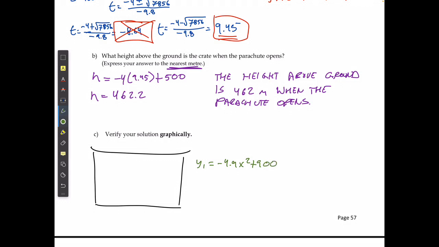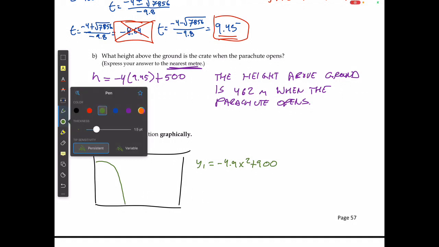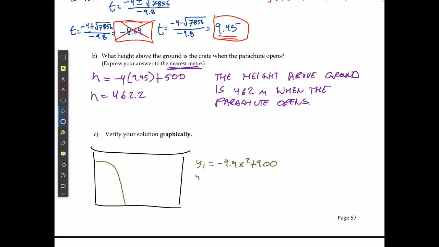And I get something that looks like this, free fall. The second equation, y2 is going to equal negative 4x plus 500. And I get something that looks like this.